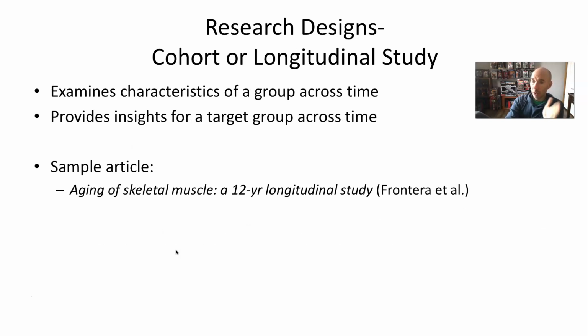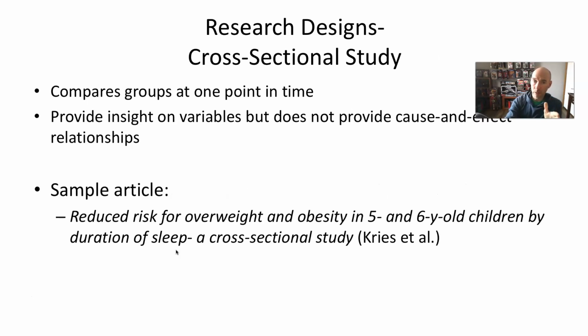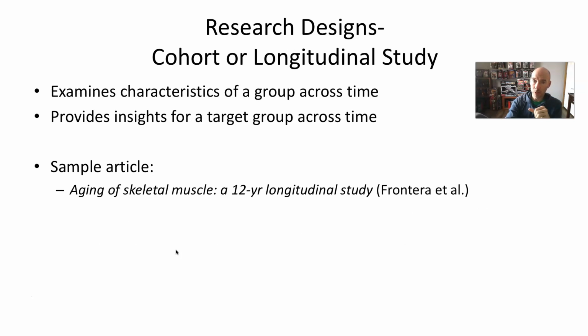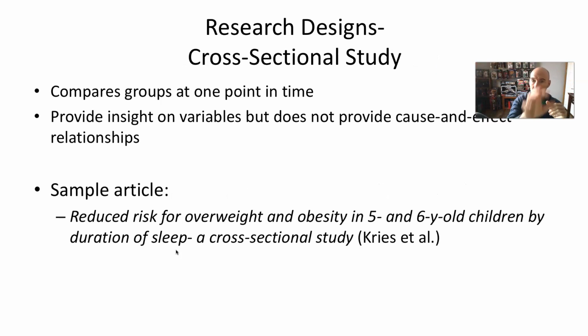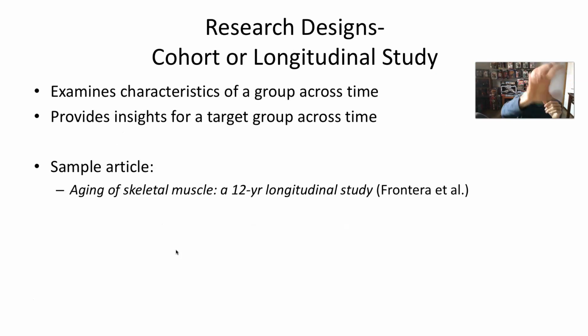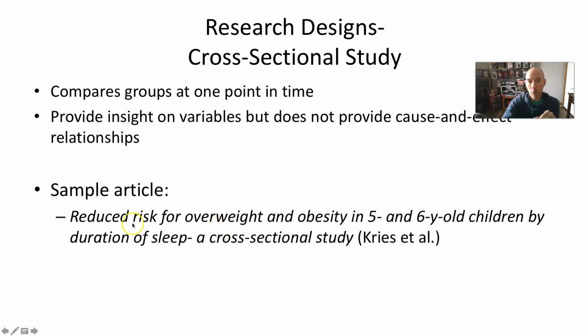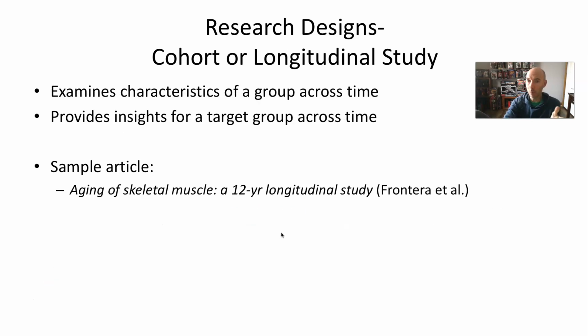This last one that we don't want to use is kind of similar to this one, although what's known as a longitudinal study looks at people across time. The cross-sectional looks at one point in time. The longitudinal looks at a duration of time, okay? So imagine if here we checked in with these same kids every year for 10 years. That would be what is known as a longitudinal study, okay?